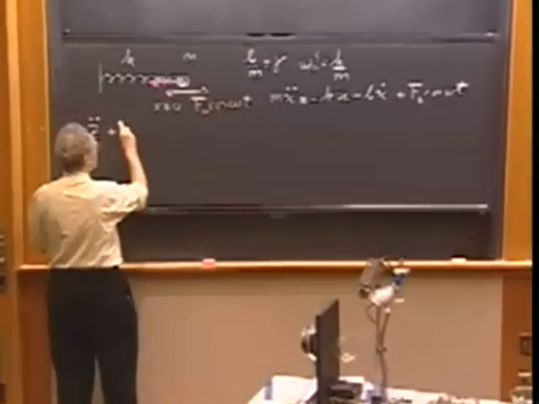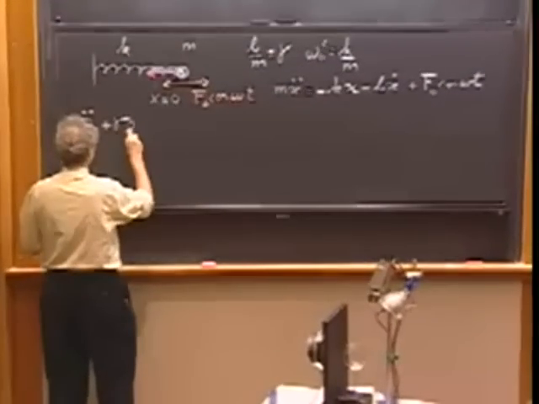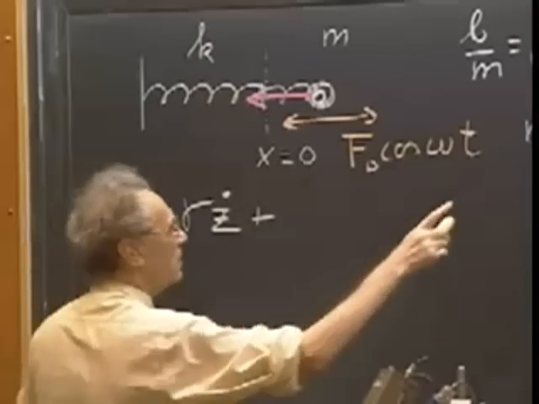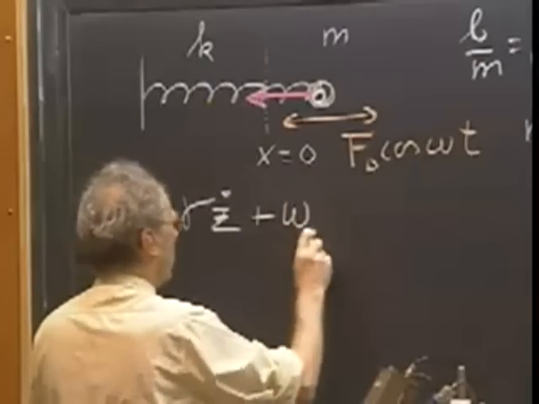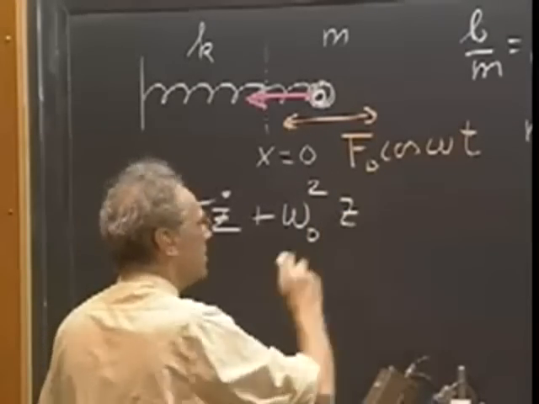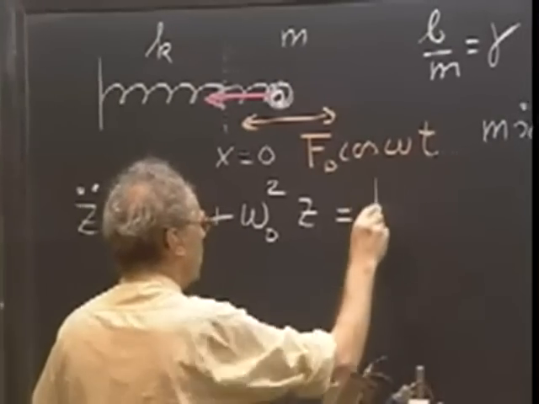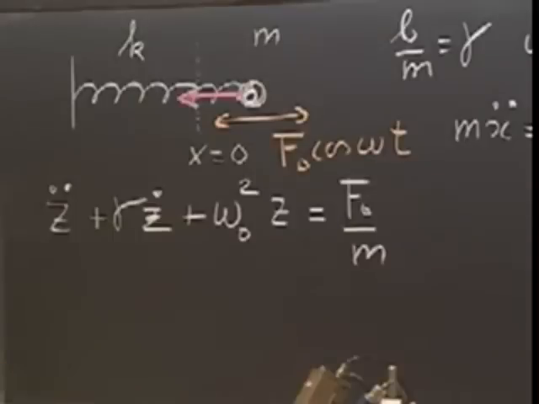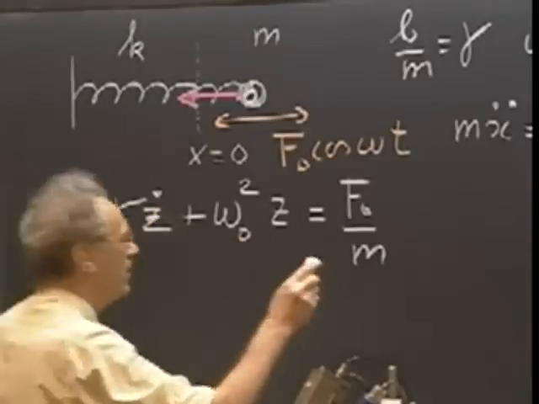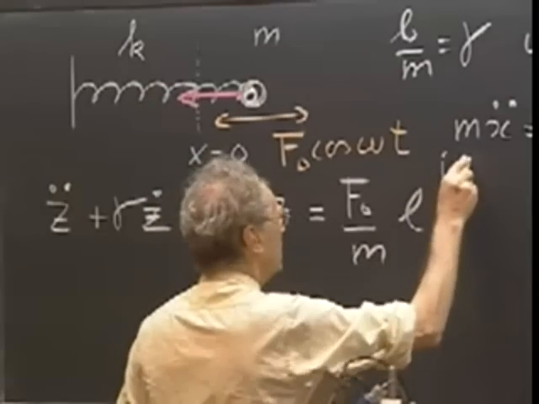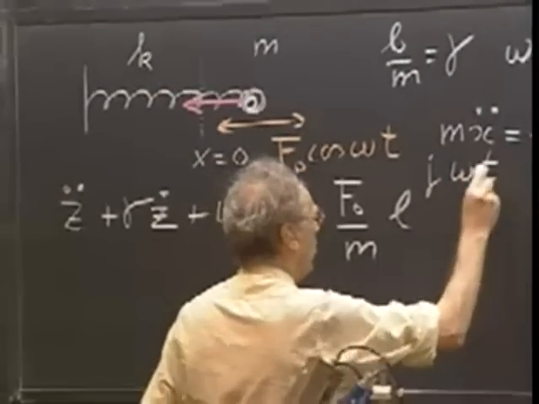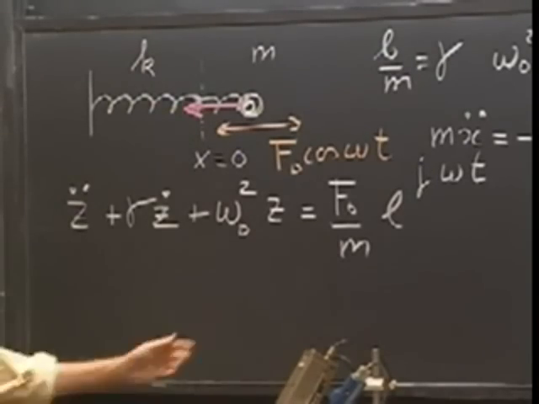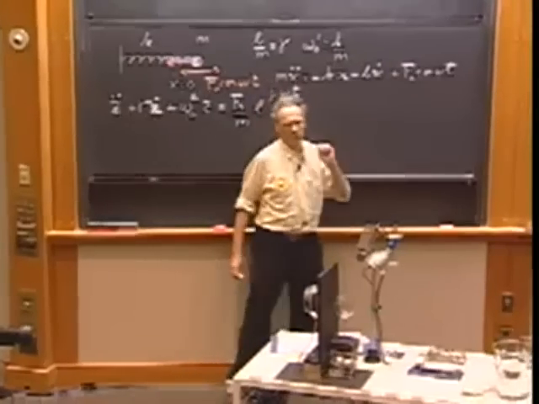We get plus gamma times z dot plus omega 0 squared times z, and that now equals F0 divided by m, remember I divided m out, times cosine omega t, for which I will write e to the power j omega t, because I work now in the complex plane. And through Euler, I can always convert that back to cosine.